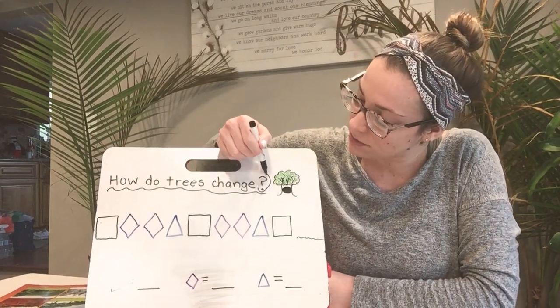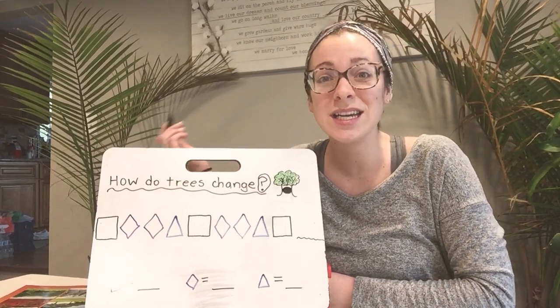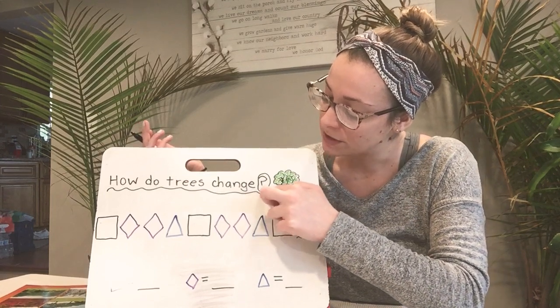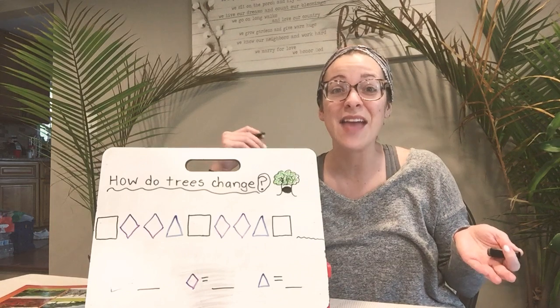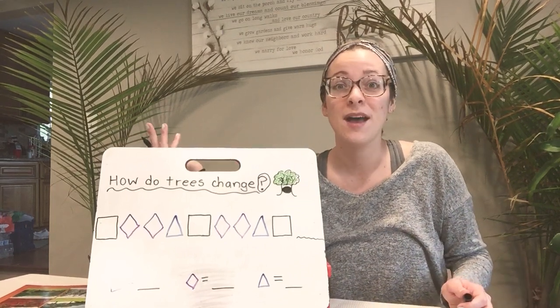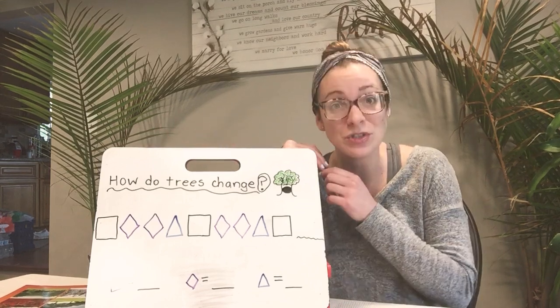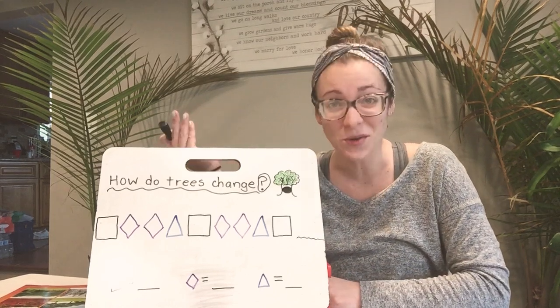Here's my question mark. And I know that you know when we ask a question, it needs an answer. So one of our answers was a tree changes because it starts as a seed and then it grows up. Just like we start as babies and then we become toddlers and then we become children that go to school and then we become teenagers and then adults.